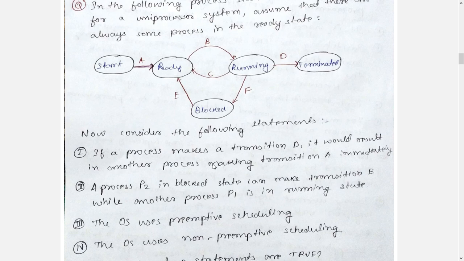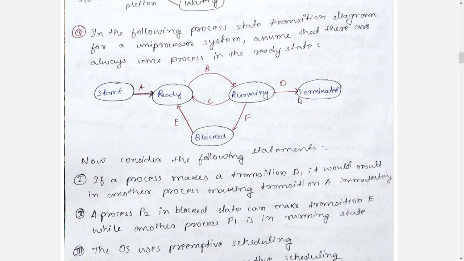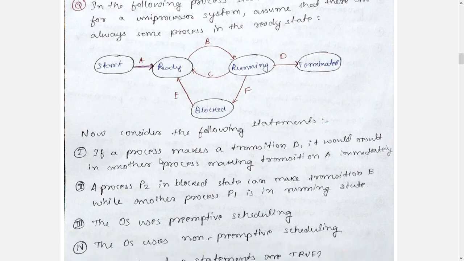This is not the case actually, because a process is getting terminated. What if the process getting terminated is the last process required for our work? If that is the case, then there may not be any process coming in the ready state. There may not be any process left out. So this one is false.